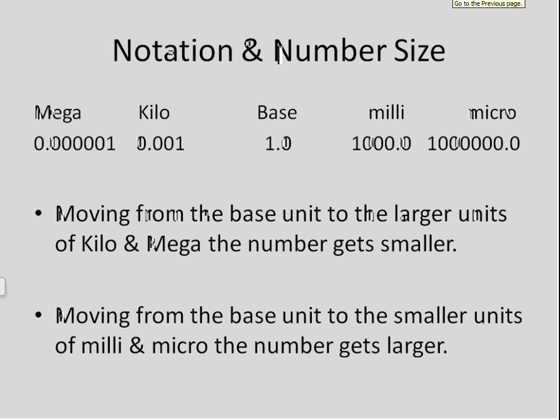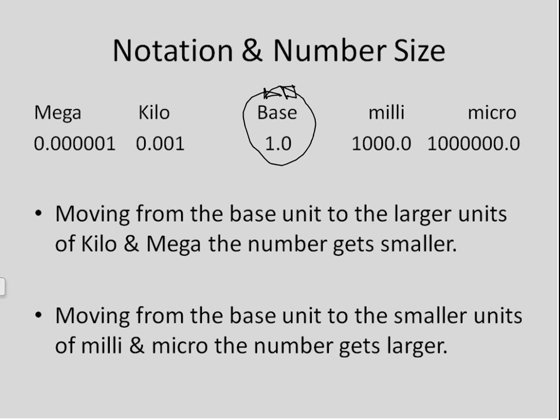Okay, notation and number size. We're starting with the base number of 1. Now that number 1 can be expressed in terms of kilo, mega, milli, and micro simply by moving the decimal point and adding that indicator, adding that metric equivalent.